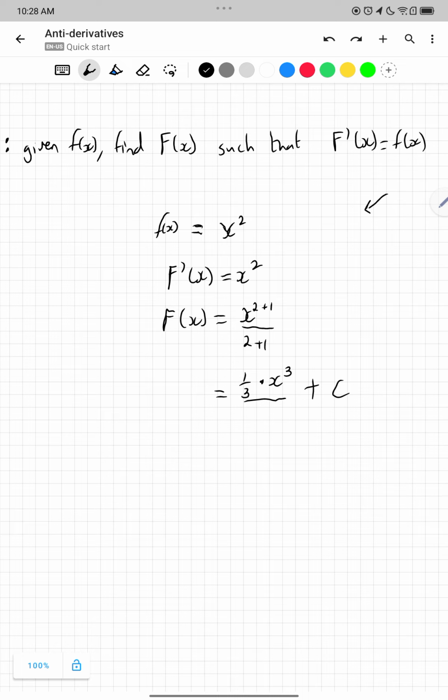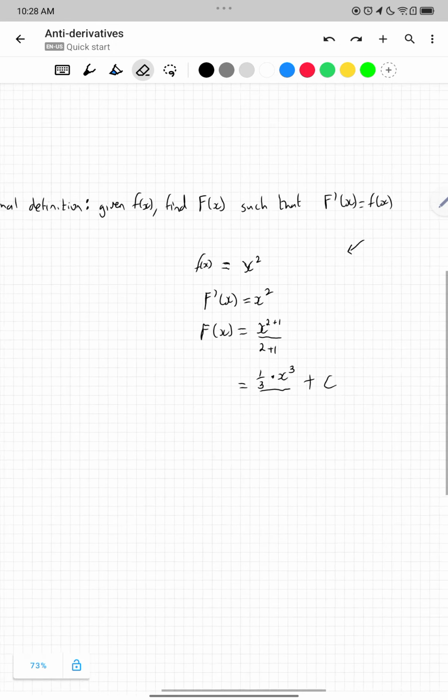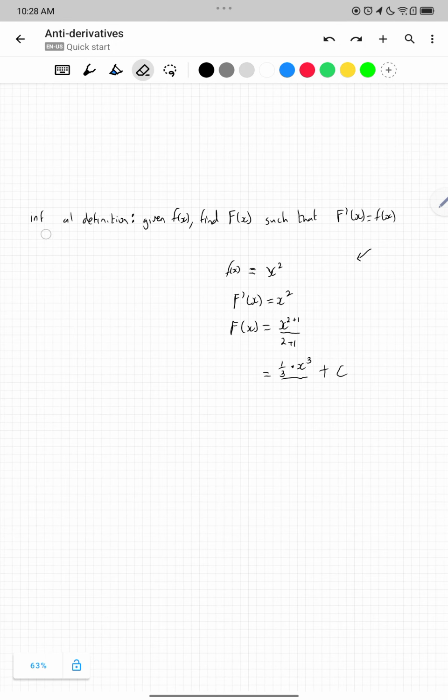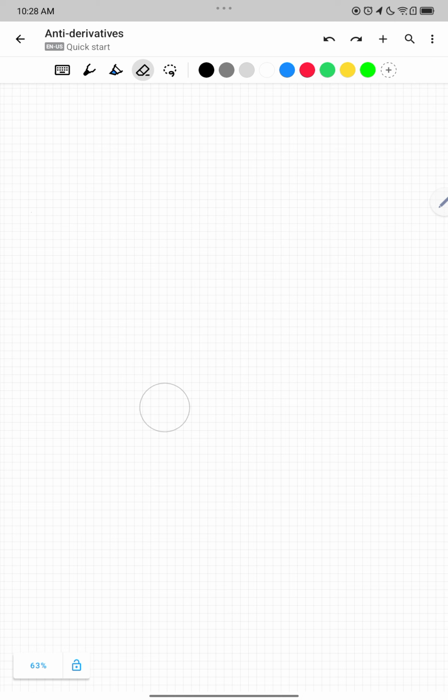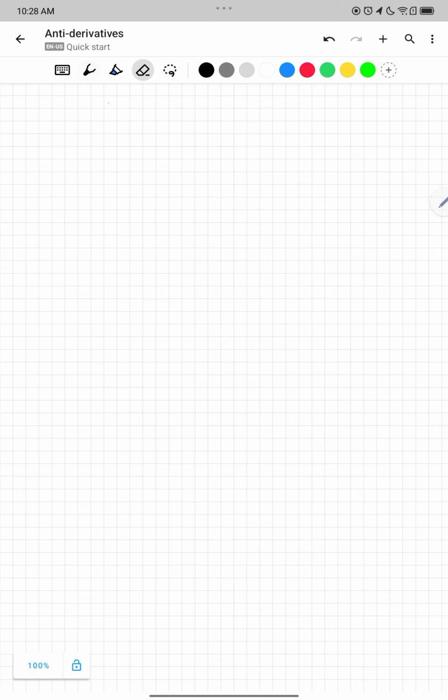Every time they say find the antiderivative of this, just ask yourself, what do I have to derive to get that in the first place, and then you've solved the question. But it may not work with all questions. Comment below if it does not work with all questions.